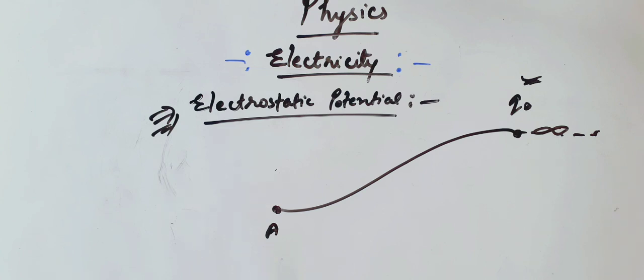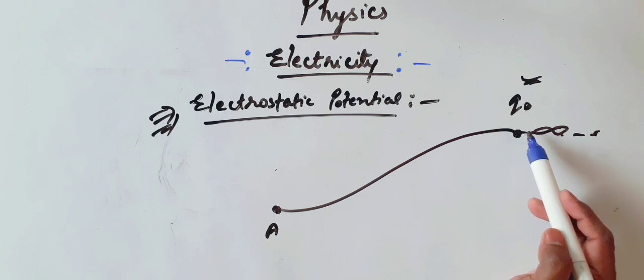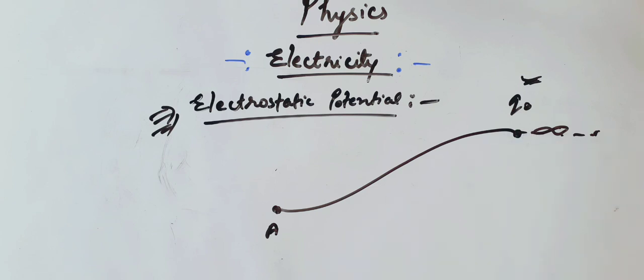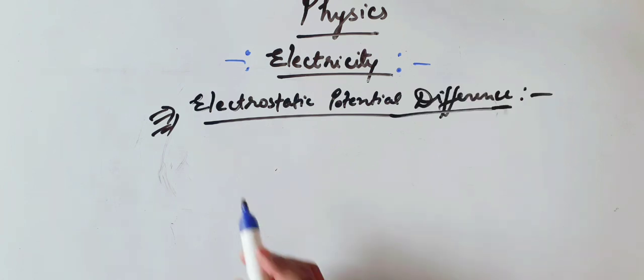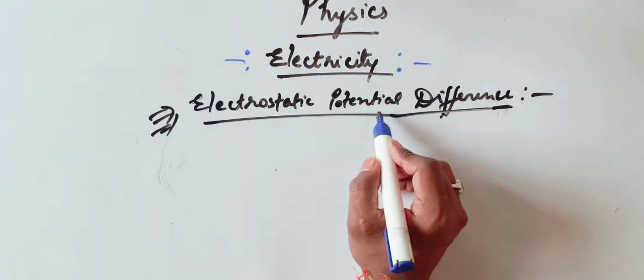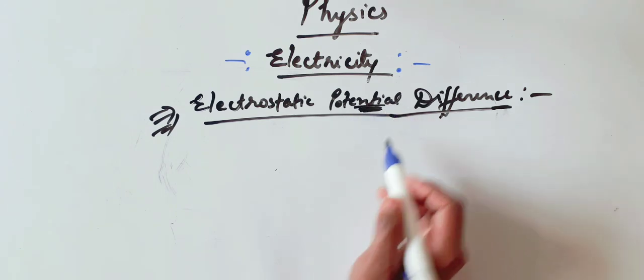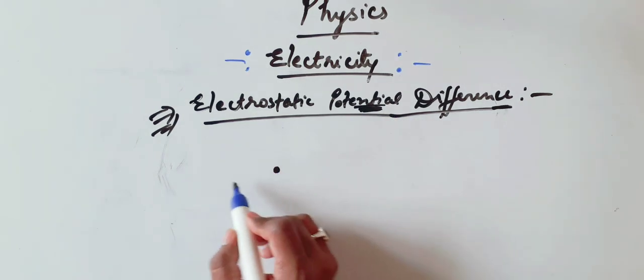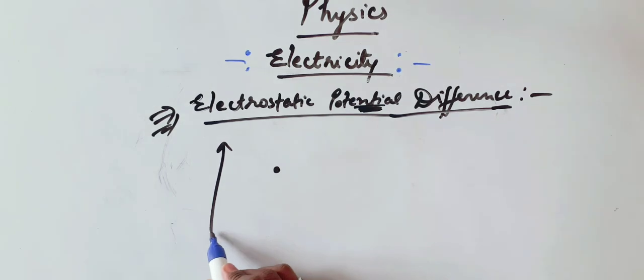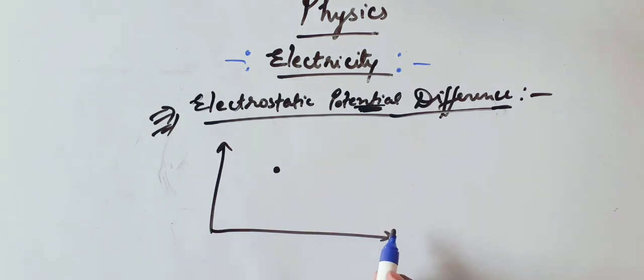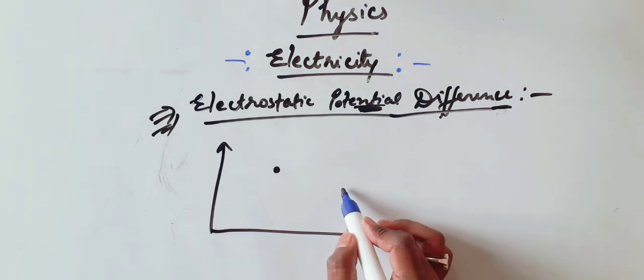So you can say that when a unit positive charge moves from infinity to a particular point, then the total work done will be known as electrostatic potential. Then what is electrostatic potential difference? Let me clear one thing, that potential depends on the position, or you can say distance.